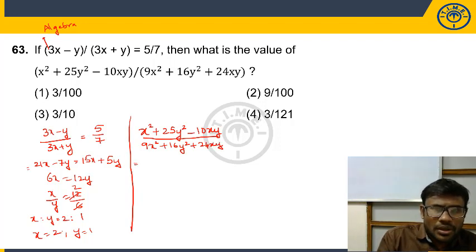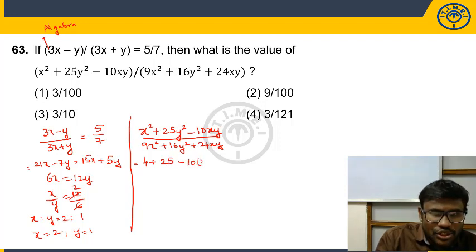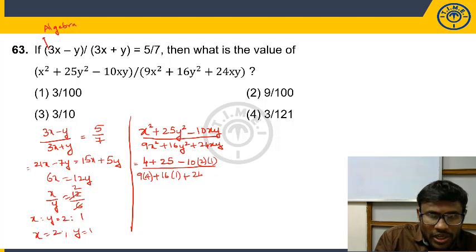X square, so 2 square is 4, plus 25y square, that is 25 into 1, minus 10xy, 10 into 2 into 1, by 9x square, 9 into 4, 2 square is 4, plus 16y square, 16 into 1, plus 24xy, 24 into 2 into 1.